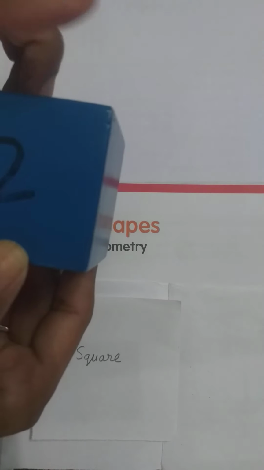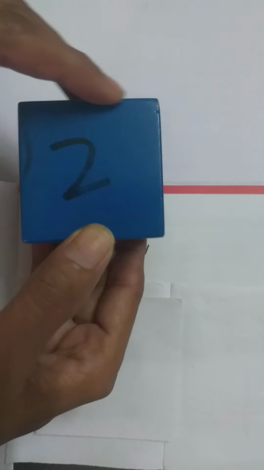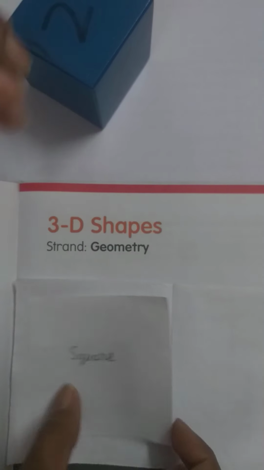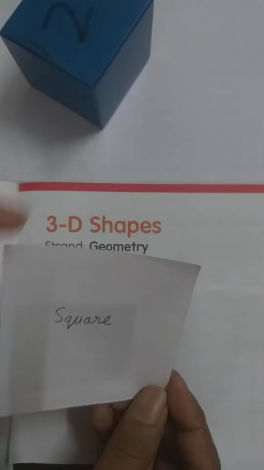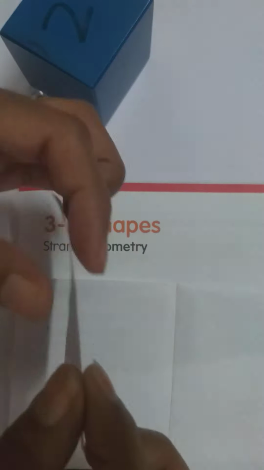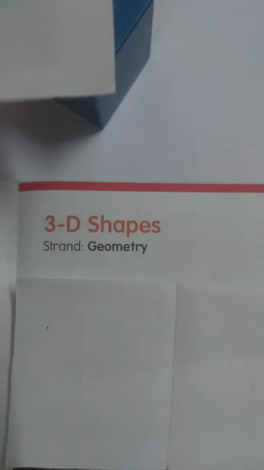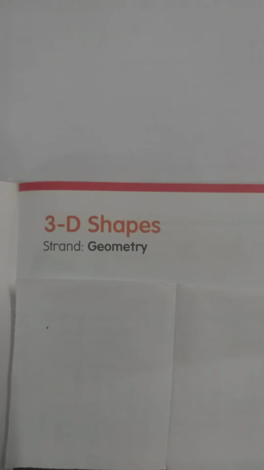In a 3D shape we have three dimensions, that means three properties: length, breadth and width, that means motai. In 2D shapes, we have only two properties, length and breadth. We don't have any width, that means motai. So these are the differences between 2D shapes and 3D shapes.